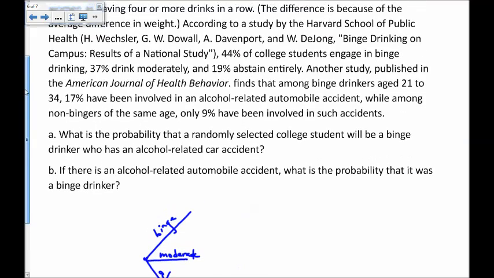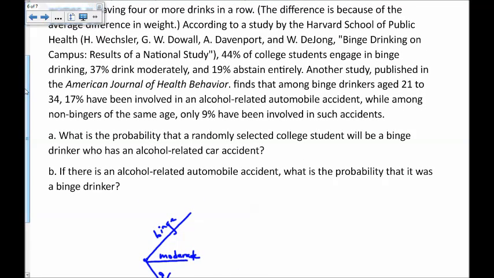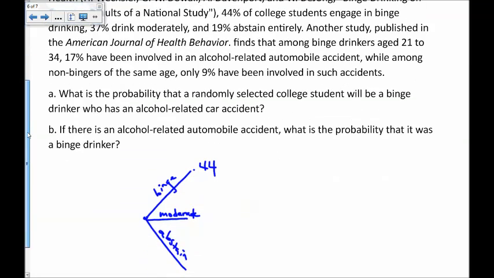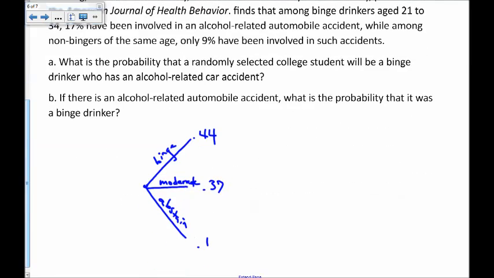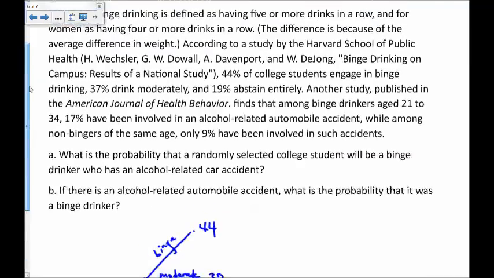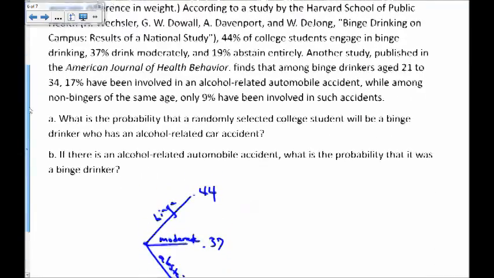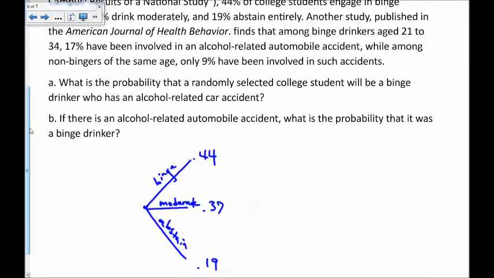Of the binge drinkers, there's 0.44. Of those who drink moderately, 0.37, and those that abstain is 0.19. Now, 17% of the binge drinkers have been involved in an automobile accident.